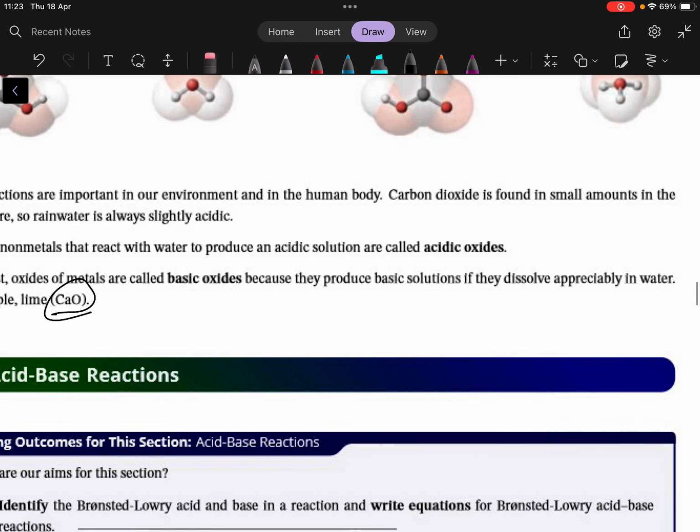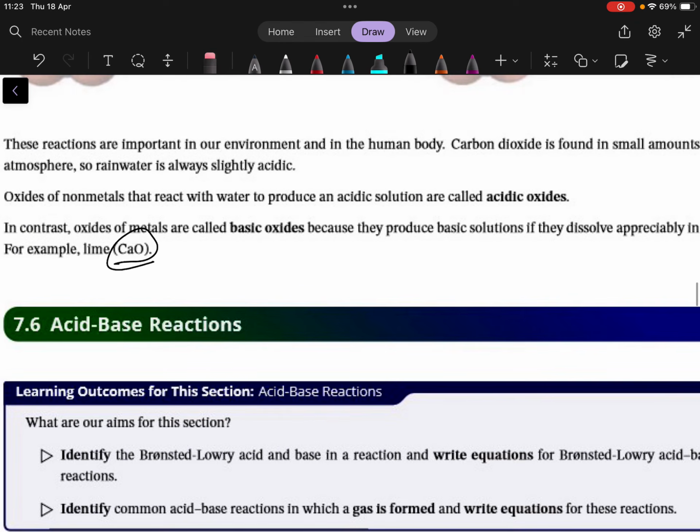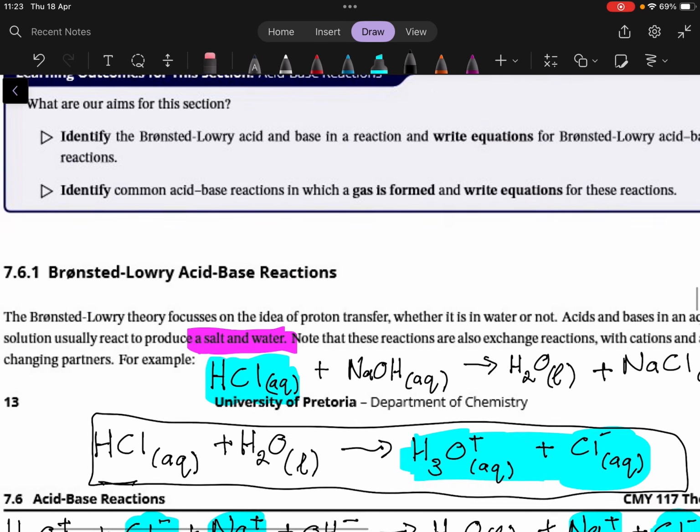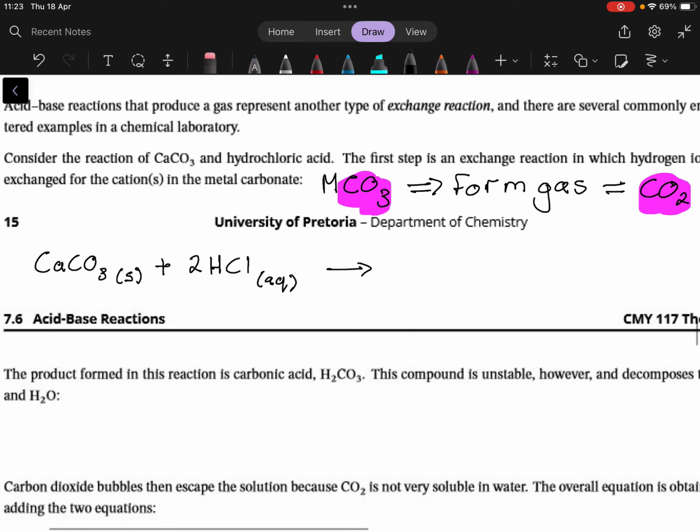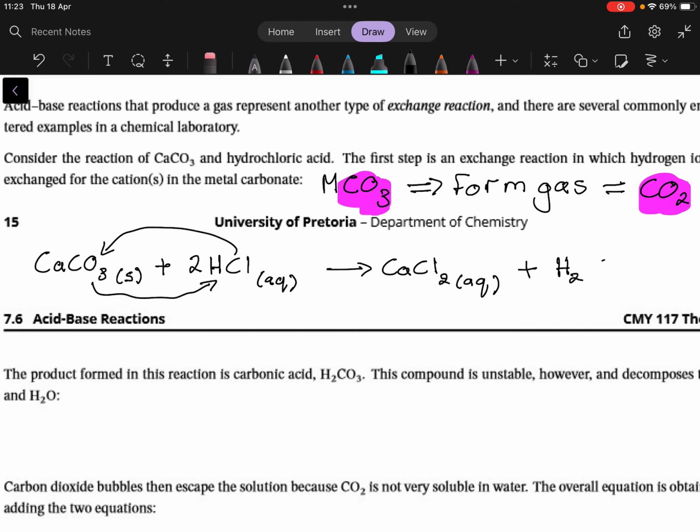Basic oxides are usually something that have a metal with an oxide. So metal oxide, like calcium carbonate, there's some sort of connection there, is basic, and HCl is an acid. And then we have an exchange reaction. So if the Cl goes there, carbonate goes there, we have calcium chloride, but there needs to be a 2, and calcium chloride is soluble, so you know it's in an aqueous state, and we will have H2CO3 also in the aqueous state.